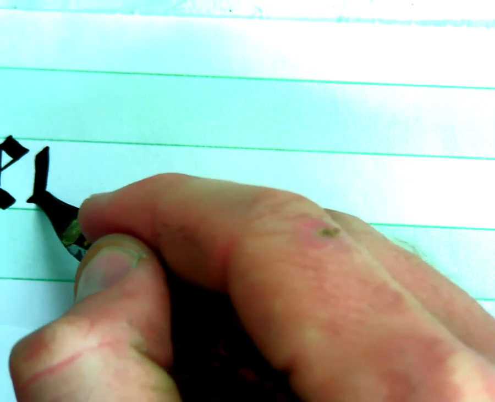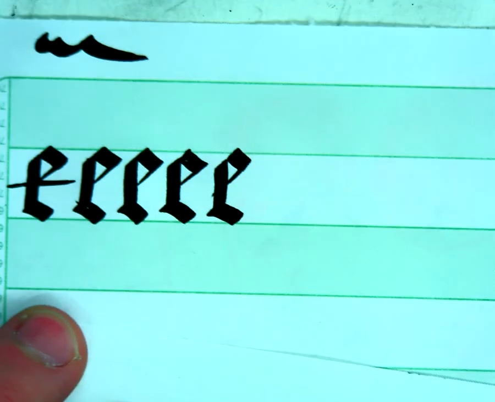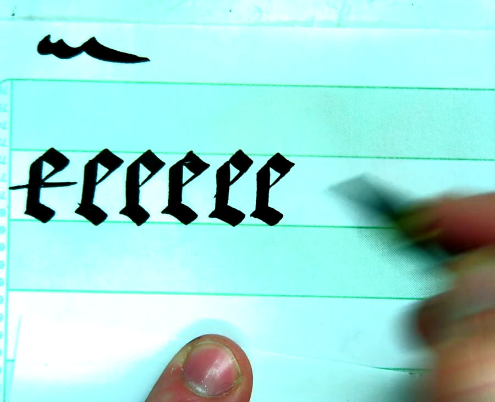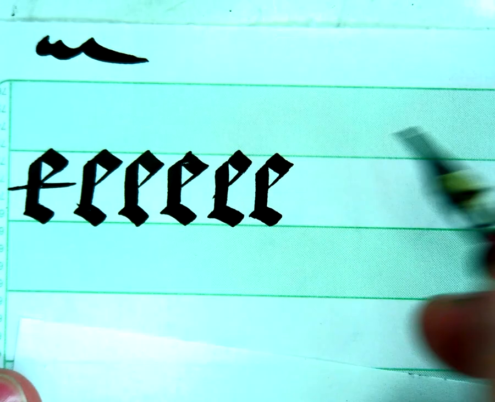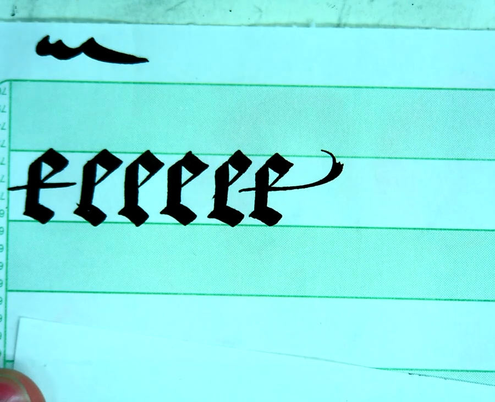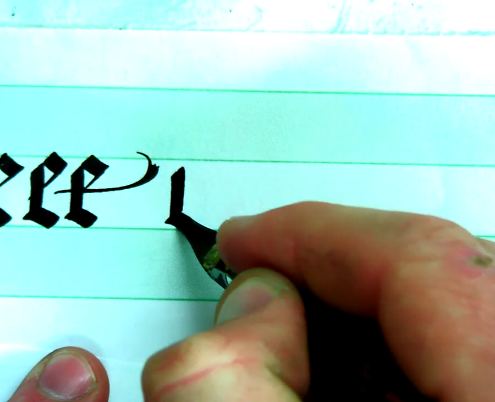The bottom of the E should be a little longer than the top of the E, like so. 1, 2, 3, 4. Optional. If a line ends in an E, you can do a fishtail like so. Fishtail flourish. Only if a line ends in an E.